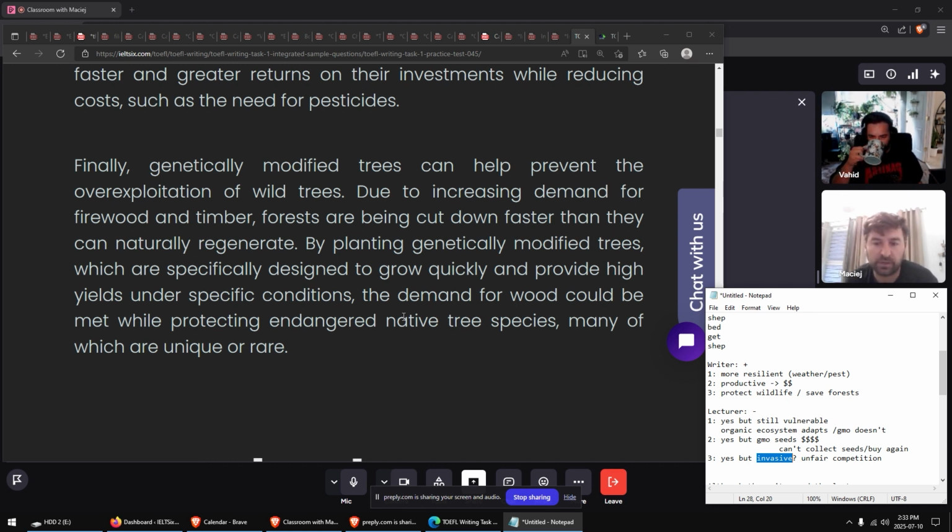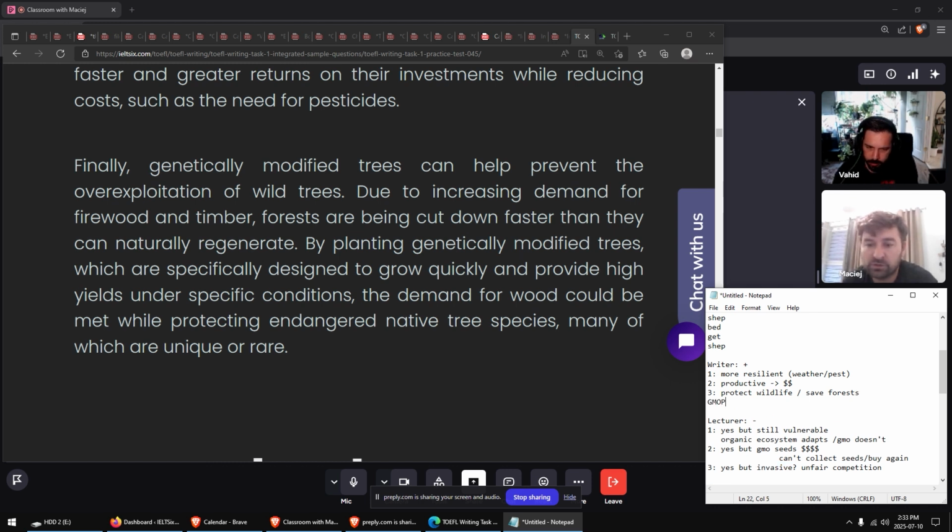Writer explained that using GMO trees can protect the wildlife. How? But the lecturer disagrees. Wait a second. How? Why would the GMO save wildlife? Because GMO trees are growing up faster.